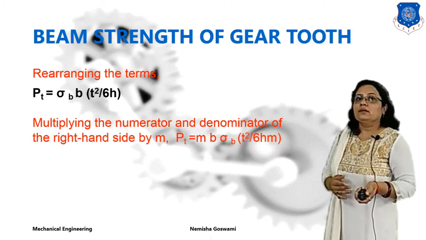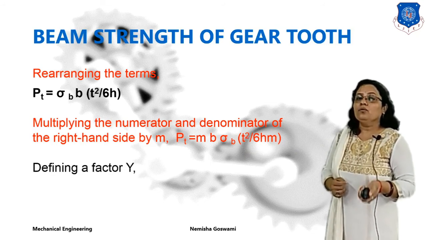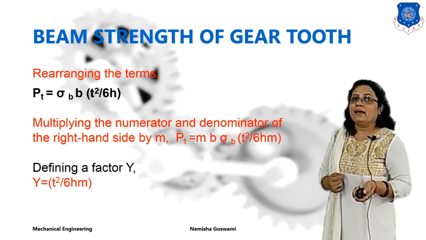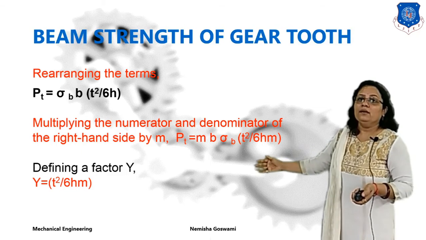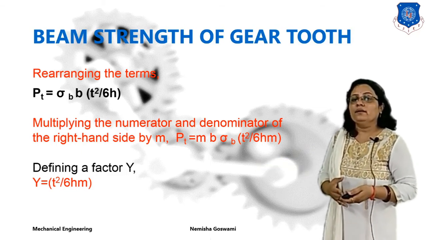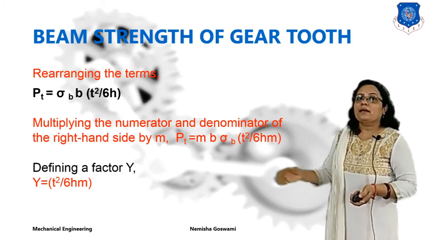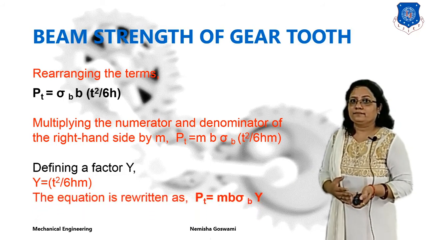T squared by 6HM is known as the Lewis form factor, and that is denoted by capital Y. We consider this a constant which depends on the number of teeth and the tooth system. So this capital Y is known as the tooth form factor.